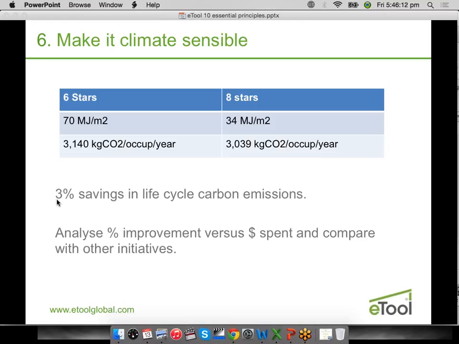Maybe you can improve your hot water system. Maybe you can improve your lighting. Maybe you can improve your energy monitoring, automation. Maybe you can add a bit more solar PV. Those initiatives will probably give you more environmental improvement than improving your star rate, improving your thermal performance.